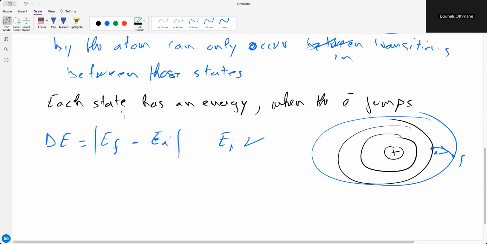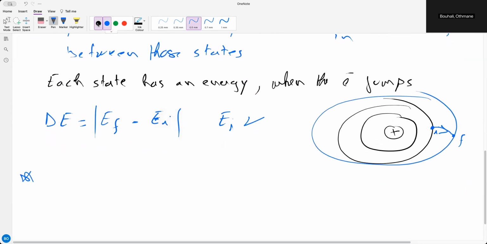Okay, so this is the second assumption. The third assumption is that when the electron moves from the initial state to the final state, the electron is not in a free fall. We cannot apply classical free fall motion.